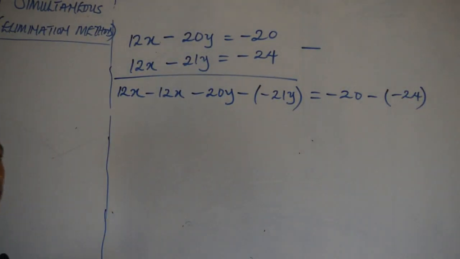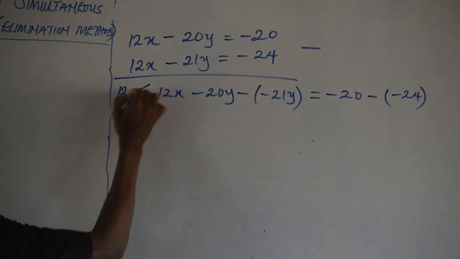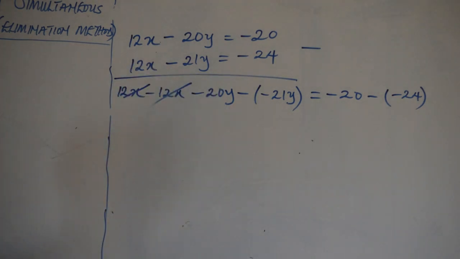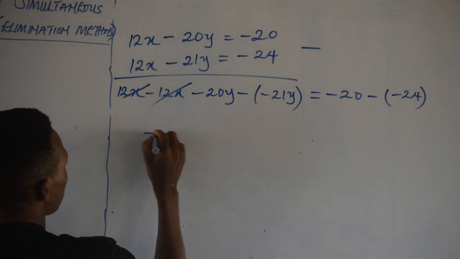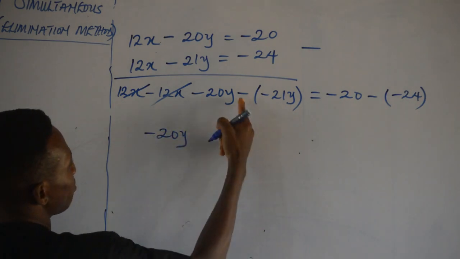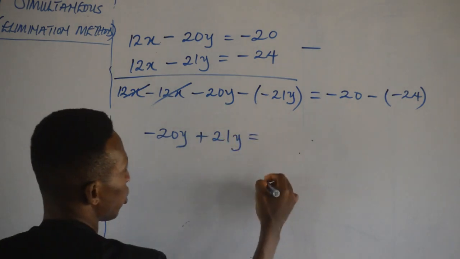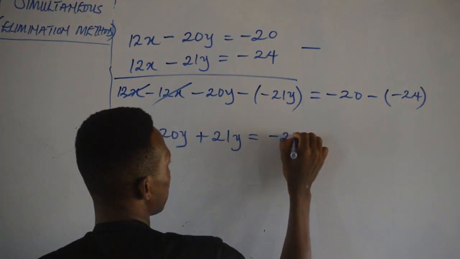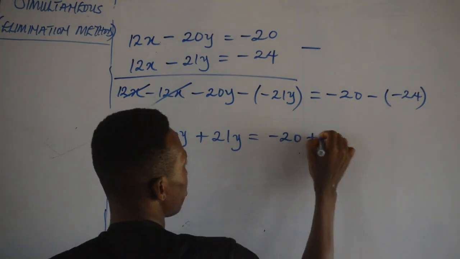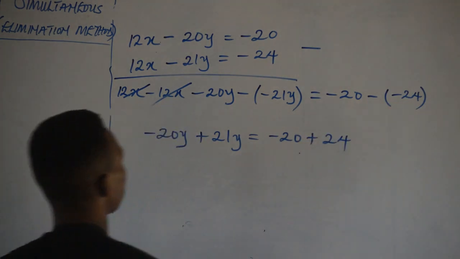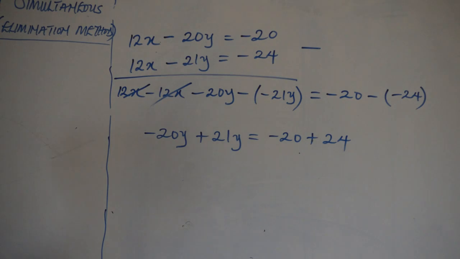So I close the bracket. Now 12x minus 12x is gone because that's 0. So here now we have minus 20y, minus times minus is plus 21y equals to minus 20 minus times minus plus 24. So we are back to direct number.